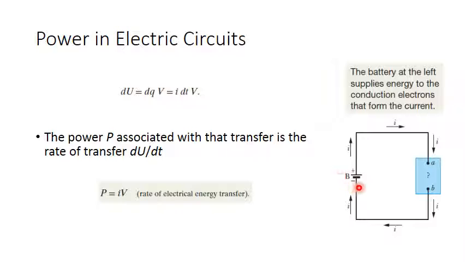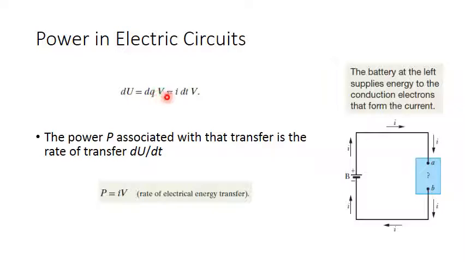So the battery supports us with the required potential difference, and according to this potential difference, the charges are moving inside the conducting circuit.